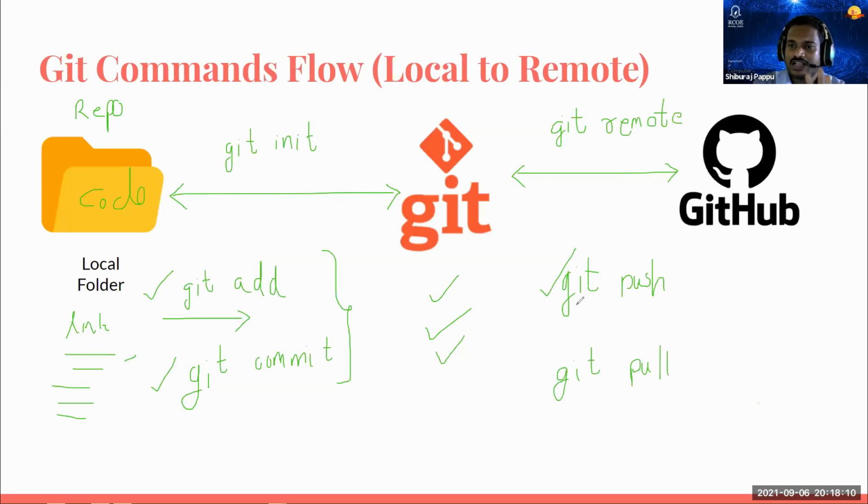Whenever your friend has done git push from his PC and you want to download his code, you will do git pull. So these two commands are used with GitHub: git push to upload the code and git pull to download it.